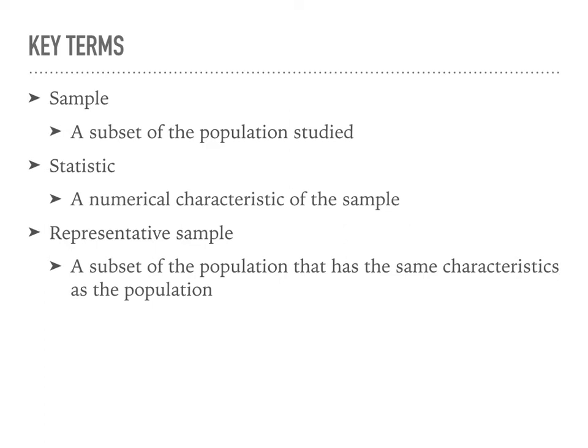For example, if you're wanting to study the vertical jump of Peru State College students, it may not be good to just study the basketball players, because basketball players are more likely to have a higher vertical jump. So if you only studied basketball players, you would probably not have a representative sample. So remember, a representative sample is a subset of the population that has the same characteristics as the population.